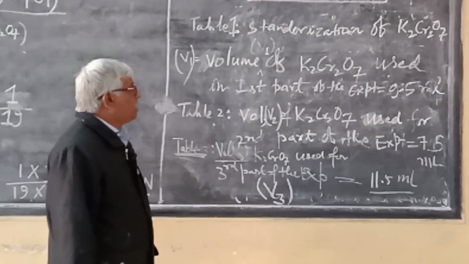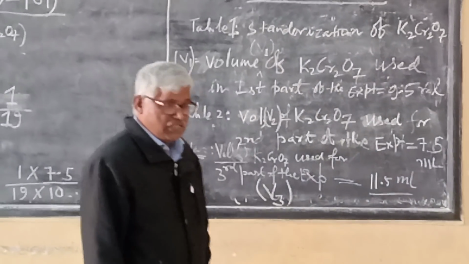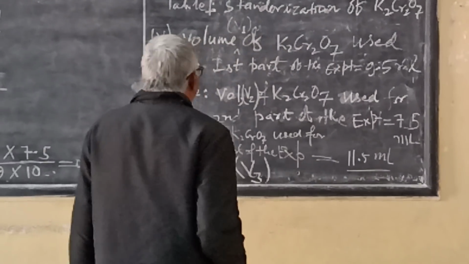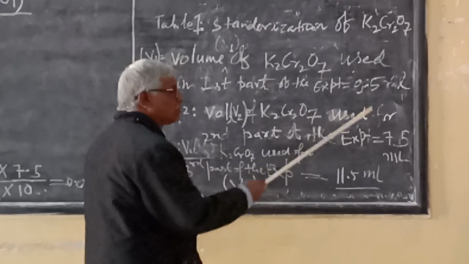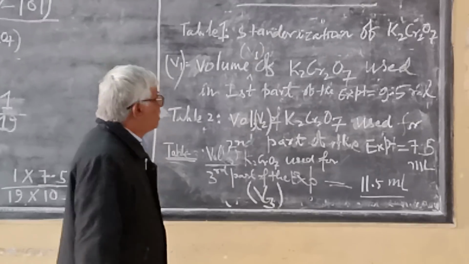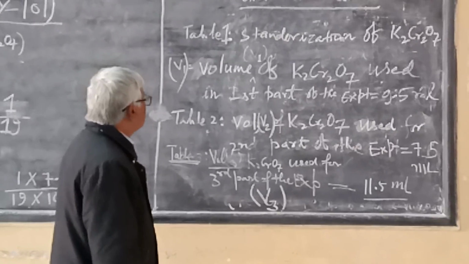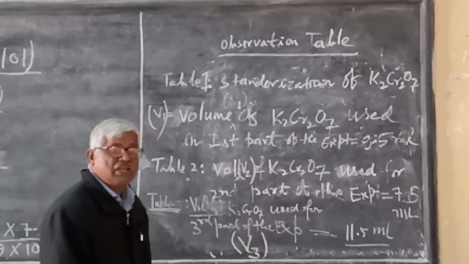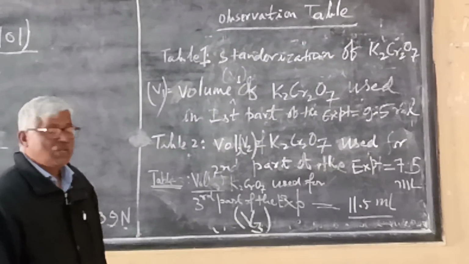K2Cr2O7 used in the experiment for the first part. The volume is coming 9.5 ml. So 9.5 ml of K2Cr2O7 is required for titration of 10 ml ferrous ammonium sulfate.